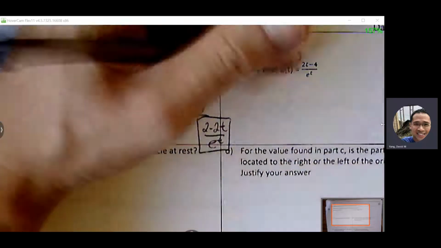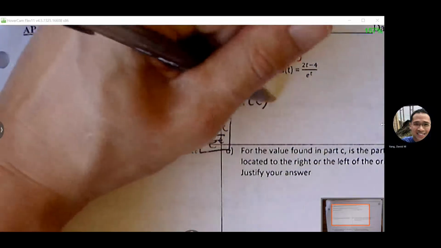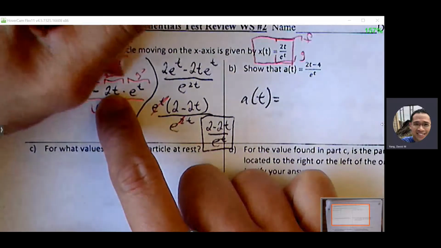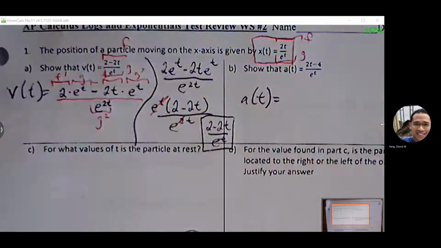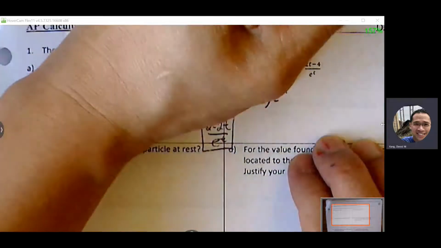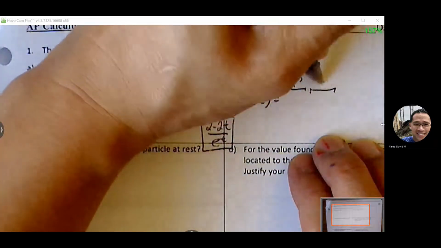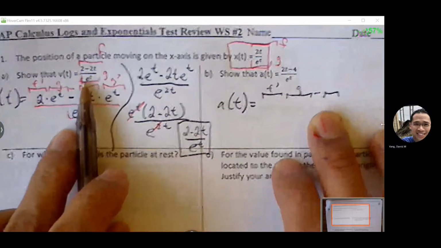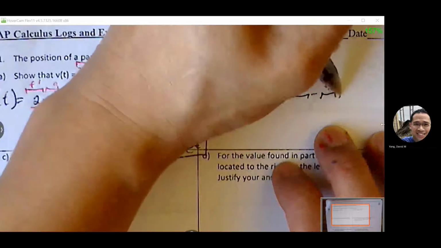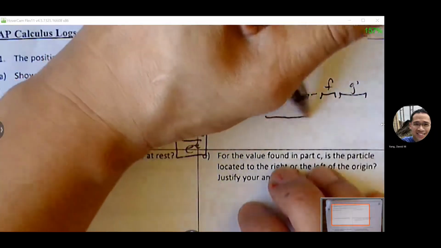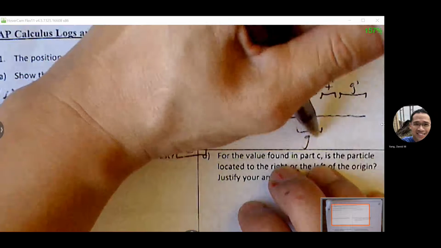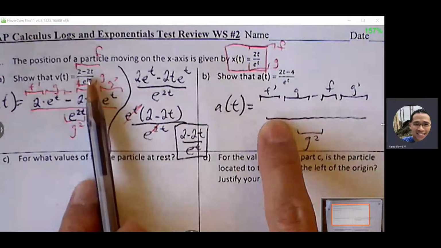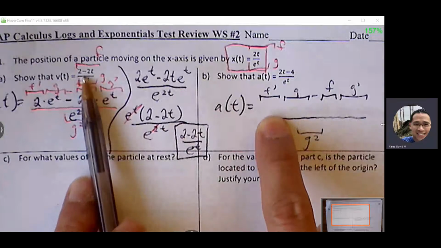Okay, so a of t. So now we'll let this be the f, and we'll let this denominator be the g. Okay, quotient rule again, right? Numerator and denominator. F prime, 2 minus 2t becomes what?